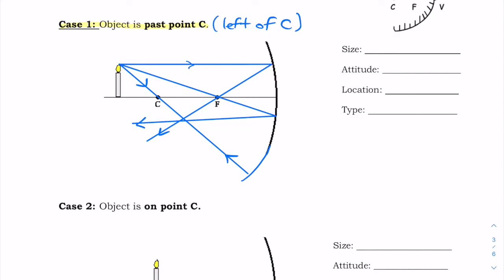So the vertex would be right here. And it's going to reflect at the same angle it came in at. So something like this. Okay, so I hope that wasn't too confusing.